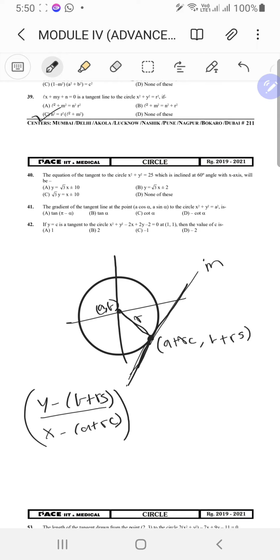And this thing times this slope, that has to be tan theta, it's just s upon c, that is equal to -1.